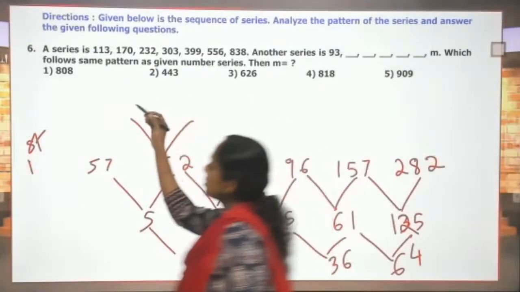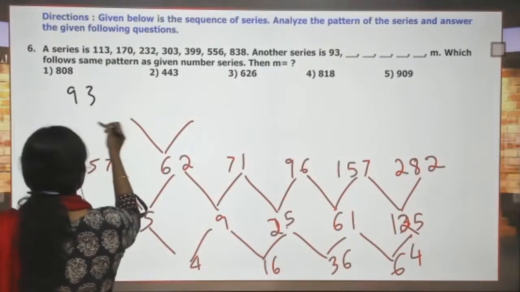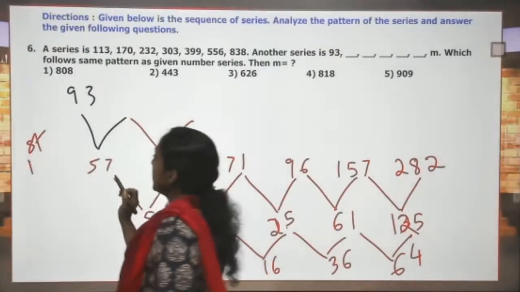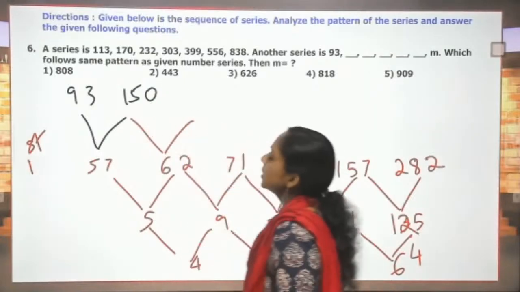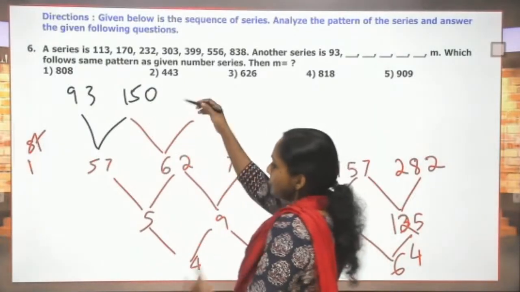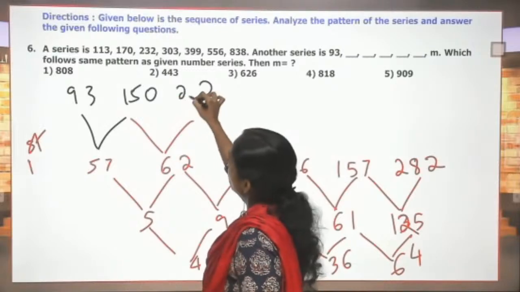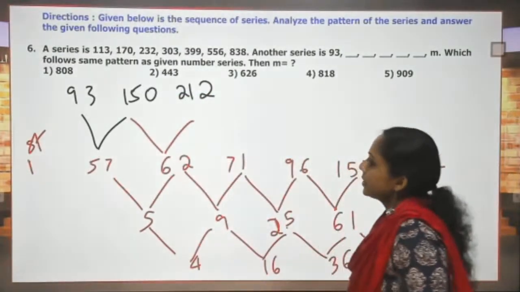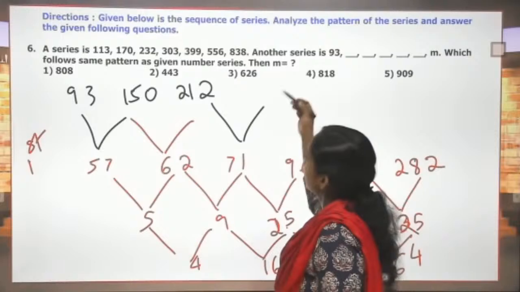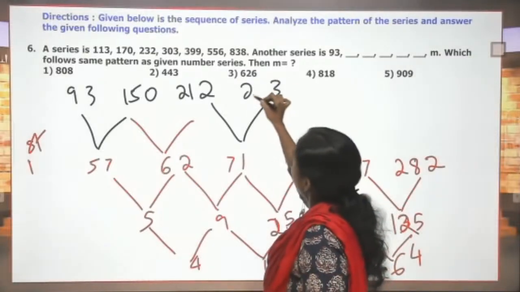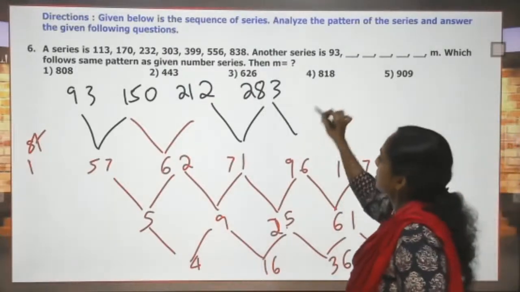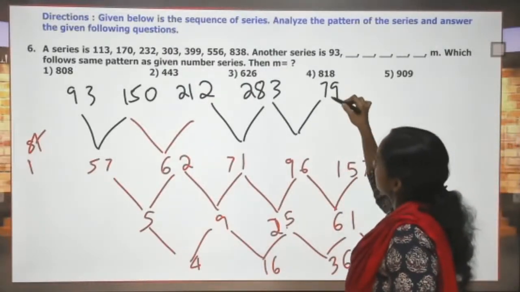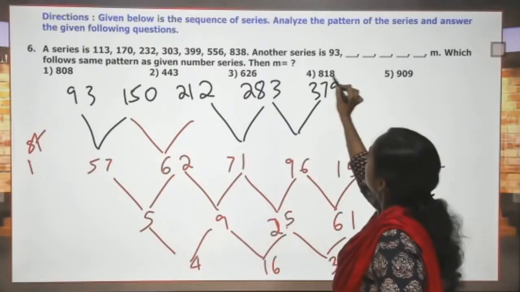What's our question? It starts with 93. Okay, so 93 plus 57, that is 150. Next, 150 plus 62, that is 212. Next, 212 plus 71, so that is 283. Next, 283 plus 96, 379.